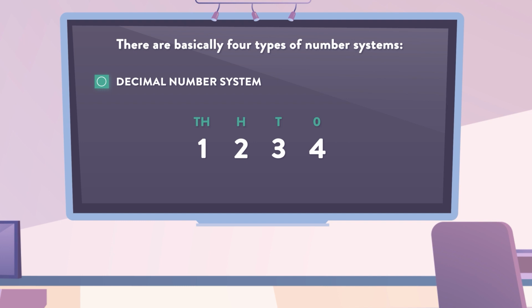The rightmost digit is called least significant digit, LSD, as it is the smallest according to the place value, which is units, while the leftmost digit is called the most significant digit, MSD, as it is the biggest number according to the place value, which is 1000. That is the decimal number system.